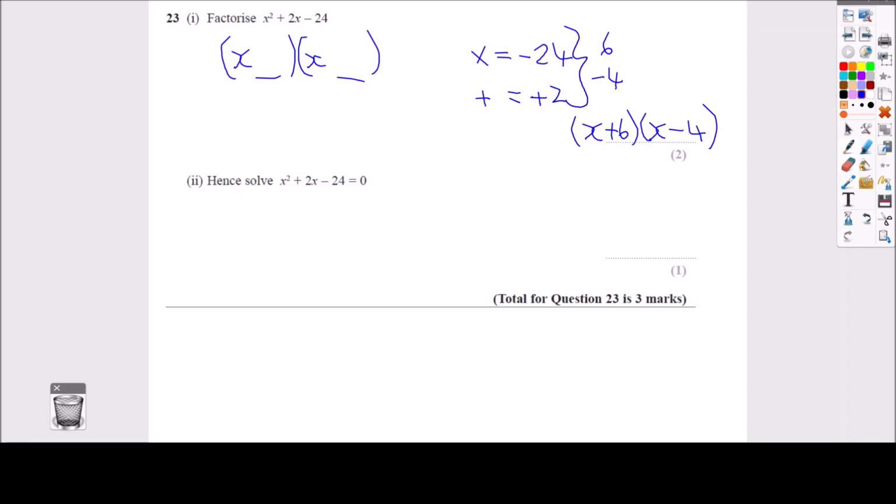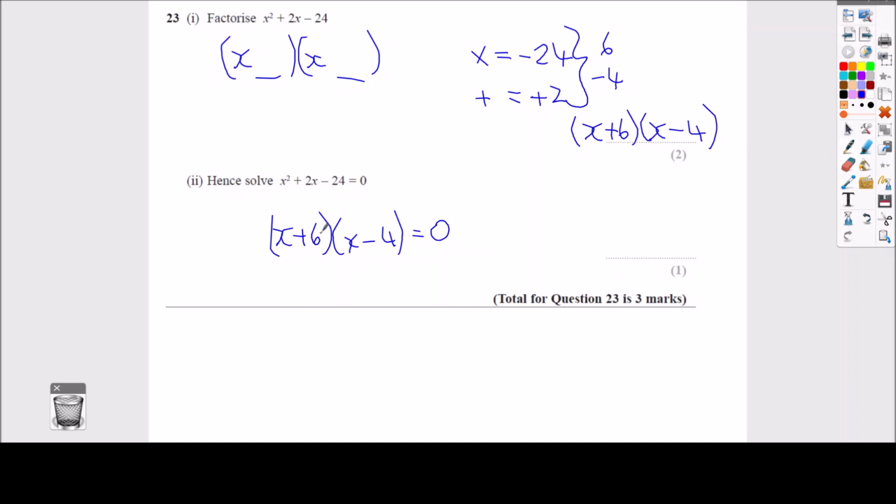Now for part 2, we've just turned it from an expression into an equation. So if we're saying x plus 6, x minus 4 has to equal 0, when you multiply two things together and end up having 0 as a product, either of the brackets in turn has to be 0.